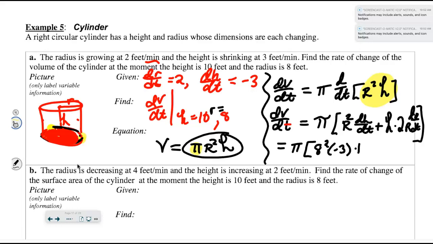And then plus h, that's gonna be the 10, times the 2, times the r, times the dr dt was a 2, correct? Could you leave that? Yes, if it's an FRQ. You'd lose a point, because what's it missing? The label. I am going to leave it. I assume you could do the arithmetic.